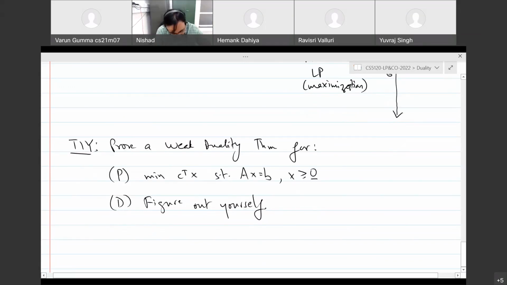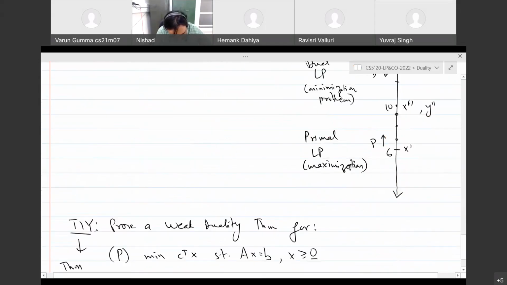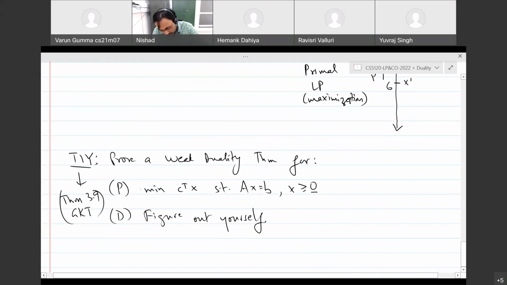This is actually theorem 3.9 in one of the texts we are following, right? Notice that this is also the form of the linear program for our matching problem. We are trying to minimize the cost of the perfect matching, subject to some equality constraints and non-negativity constraints.